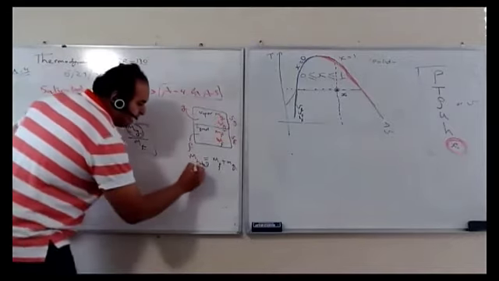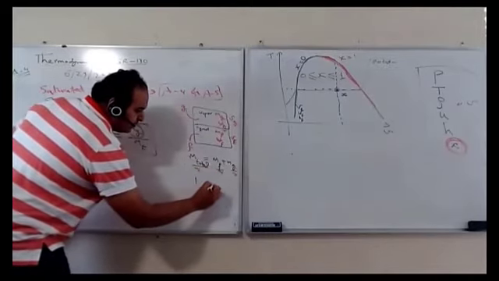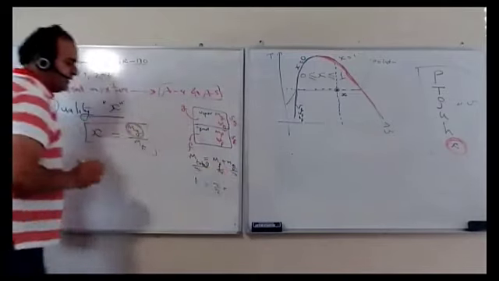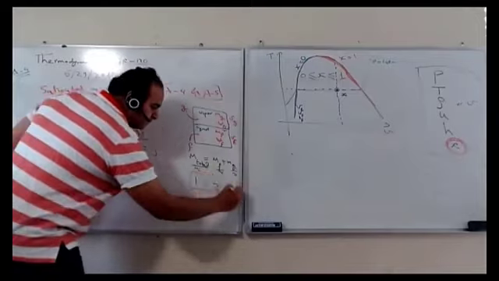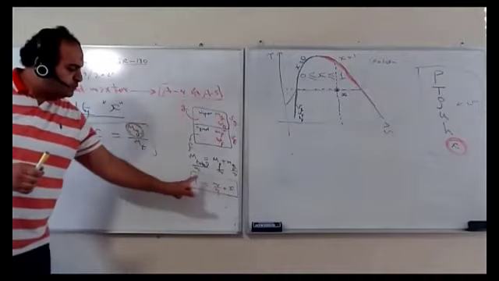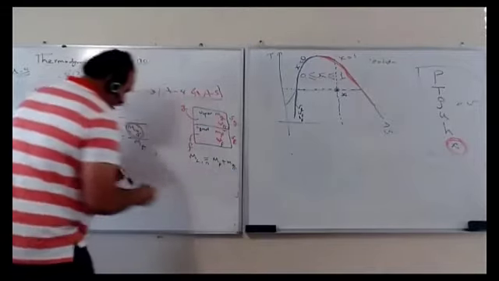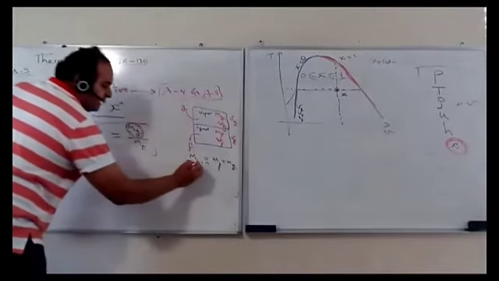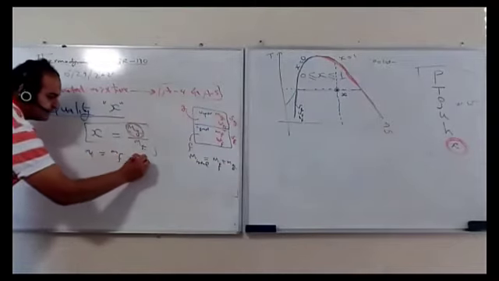So if you divide by m total here, it will be 1 equals mf over m total plus mg over m total. mg over m total is X. So mf over m total is 1 minus X. Again, total mass is how much liquid plus how much vapor. So m total equals mf plus mg.